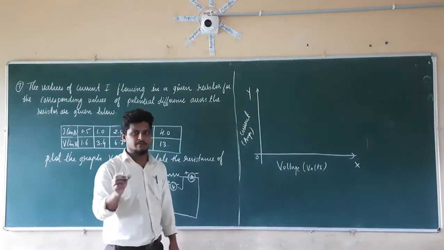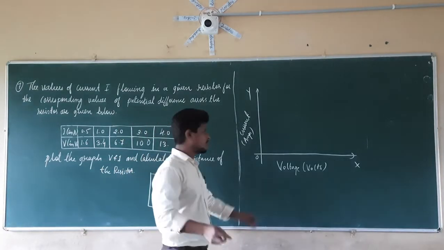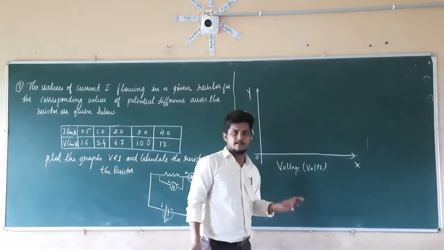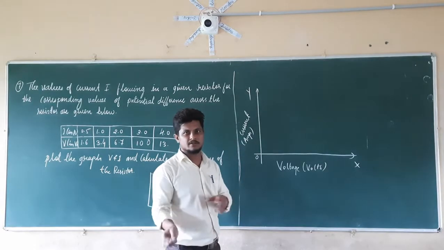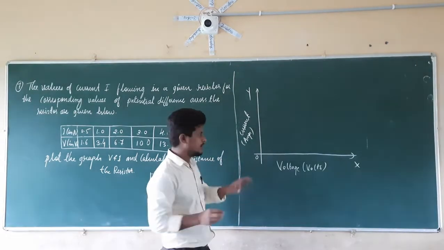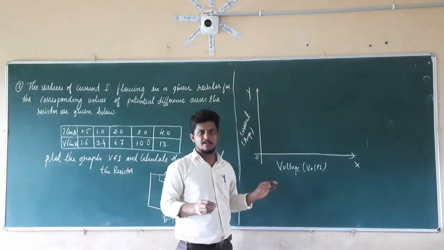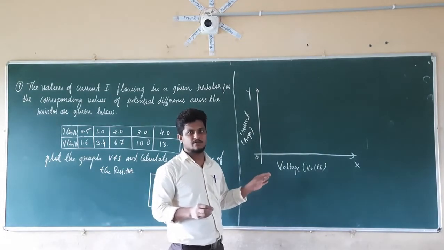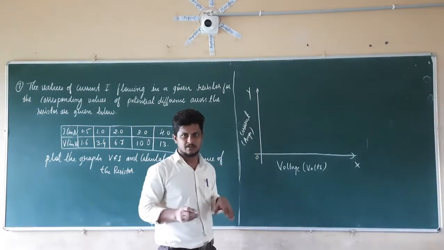You have to take a graph sheet. In that graph sheet only you have to draw this graph, not on plain paper, not in the classroom book. Just take a graph page, draw the graph on it, and stick that to your classroom book.